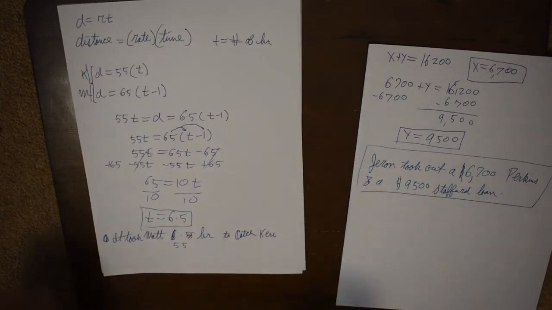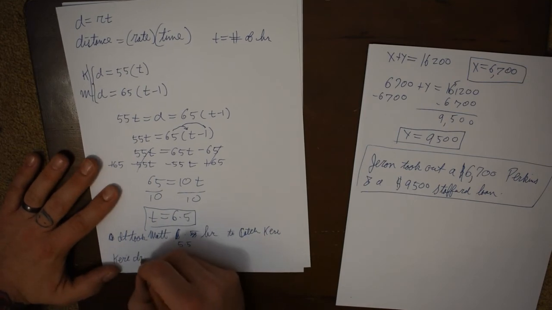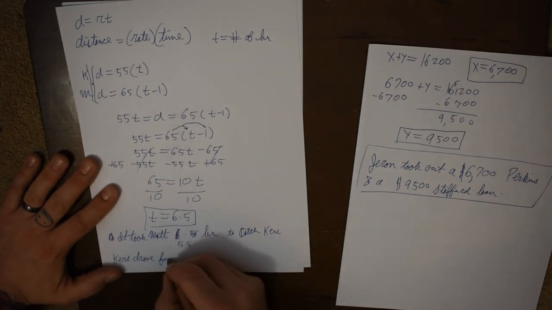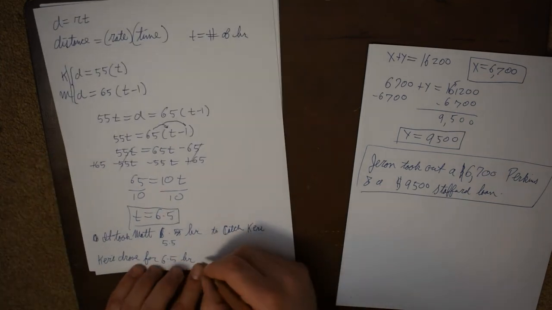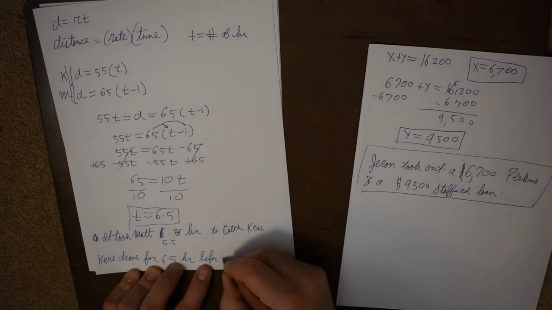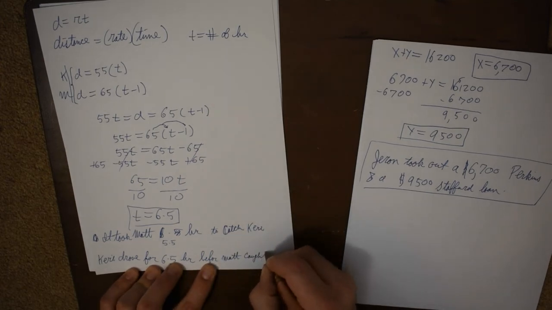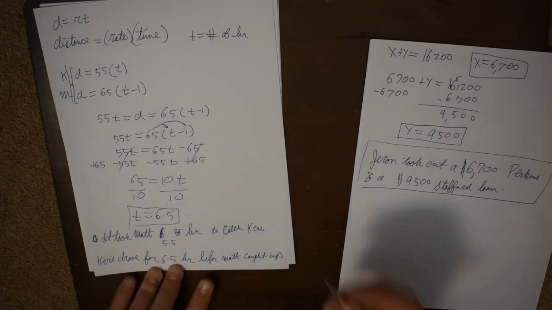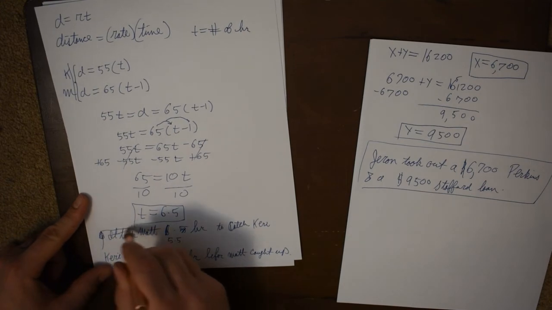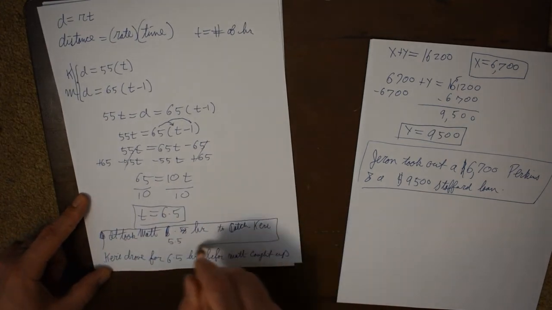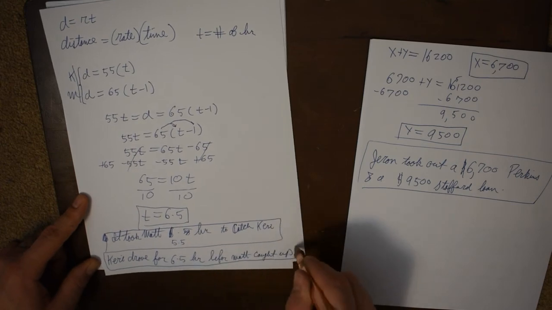Or you can think that Carrie drove for 6.5 hours before Matt caught up with her. So this is why the statement is very important, and why you need to be careful about what it is you're actually answering.